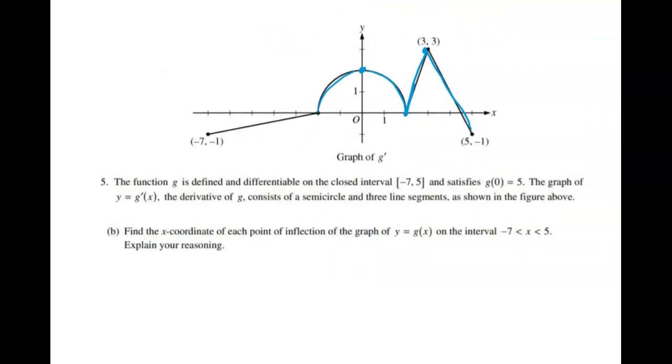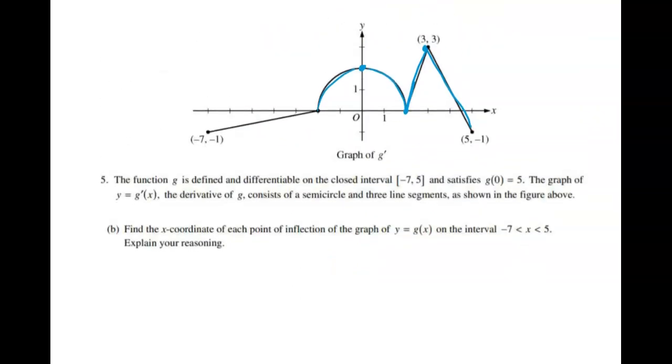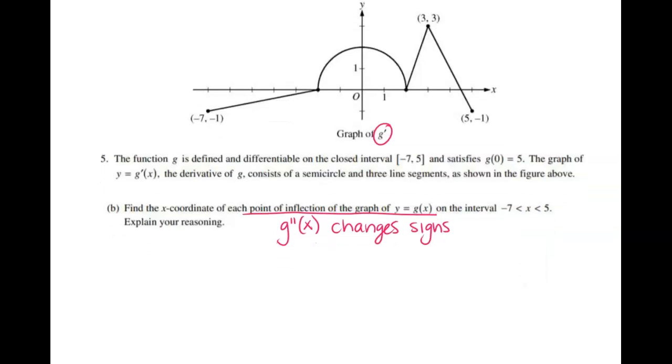For part B, we're finding points of inflection. Our graph is g prime, and the points of inflection of the graph of y equals g of x will occur basically when the second derivative changes signs, which is basically just the rate of change of g prime.